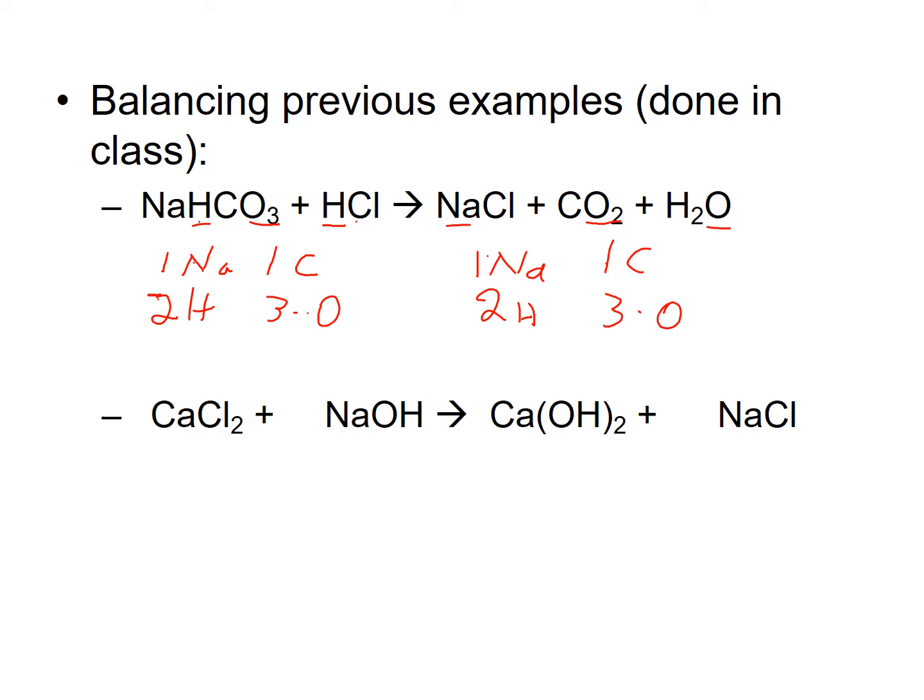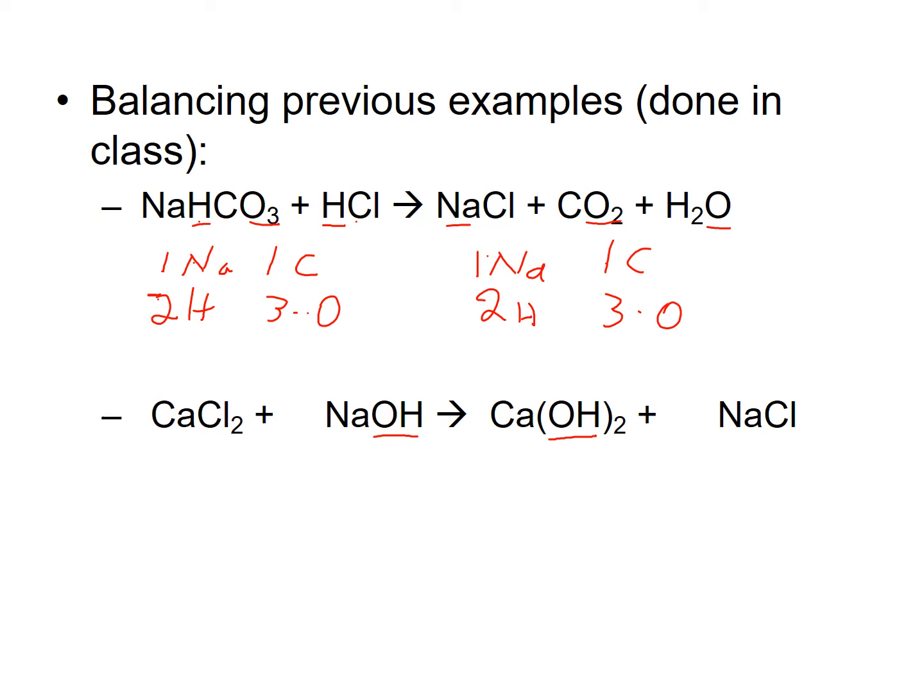Calcium chloride, sodium hydroxide goes to calcium hydroxide and sodium chloride. When I see ions appear, like hydroxide here, it's convenient if I just think of that as one unit, which ordinarily in chemical reactions remains unchanged.